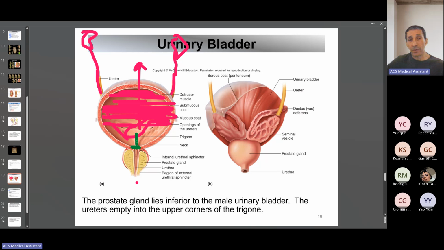Otherwise, the urine would come out as soon as it arrives here. No, it starts filling with urine, and urine is not going to come out regardless of how much urine you have in there. But the pressure is increasing because this is like a balloon inflating. But you have a limitation. You inflate until it bursts. Well, the urinary bladder is not going to burst. What it does is relax this sphincter and urine starts passing down.